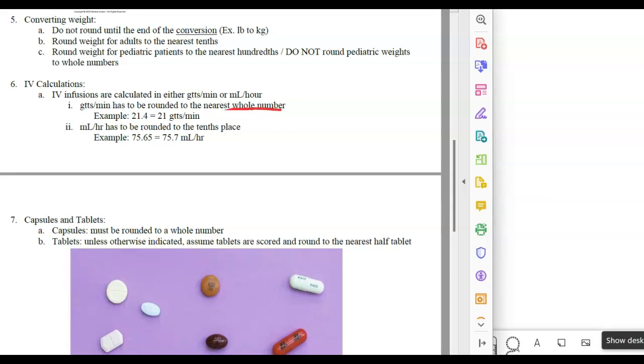The way I remember it is, can you count drops? Like, is there 1.2 drops? Not necessarily, right? Realistically, unless you have very special devices, drops should always be in whole numbers. Drops per minute.